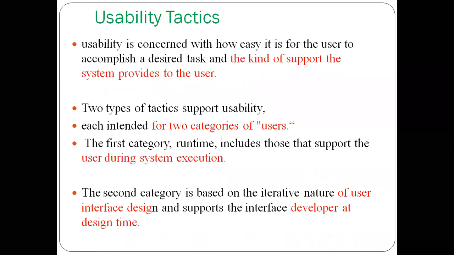Coming to the second category, the nature of interface design. The interfaces we have designed for a user must support the user itself. Why? Because every piece of information should support the user requirements. Then only he may be ready to use that particular app.